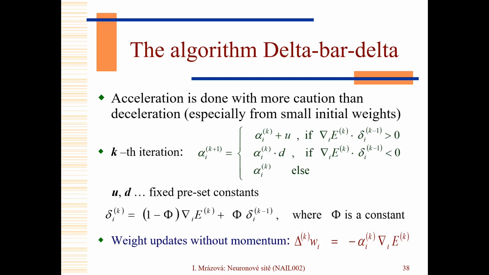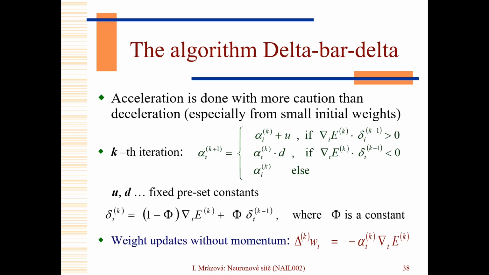So for the learning rates for the weight wi, alpha i at the iteration k plus 1 shall correspond, for the same direction of the gradient, to alpha i at iteration k plus u. So if the product of the gradient in dimension i for capital E at iteration k times a delta term, not the gradient directly, but the delta term delta i at iteration k minus 1 is bigger than 0.